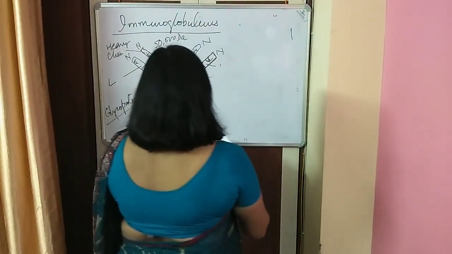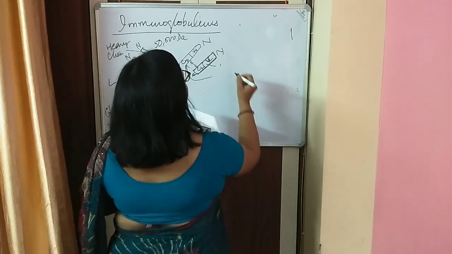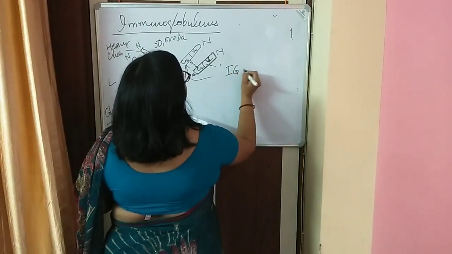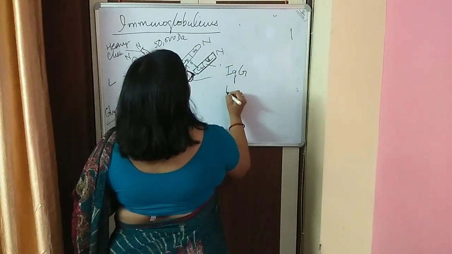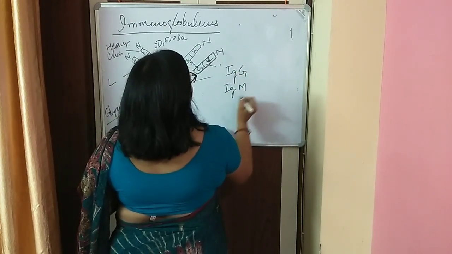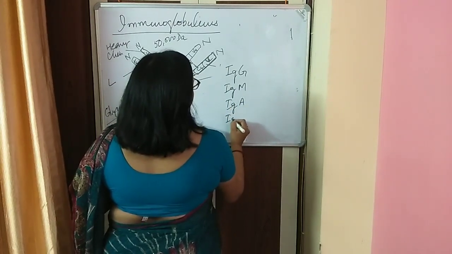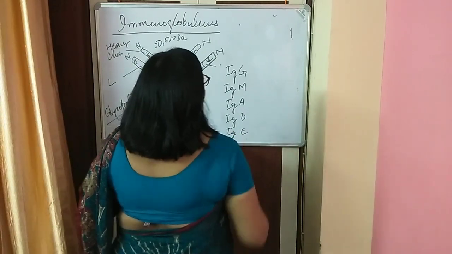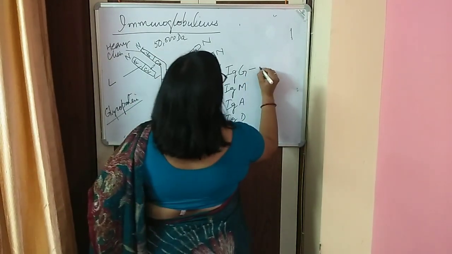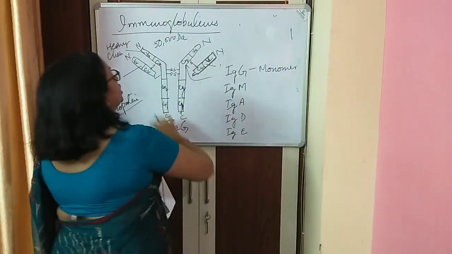So immunoglobulin: IgG, IgM, IgA, IgD, IgE. These 5 types. This is a monomer, meaning a single unit can be seen.